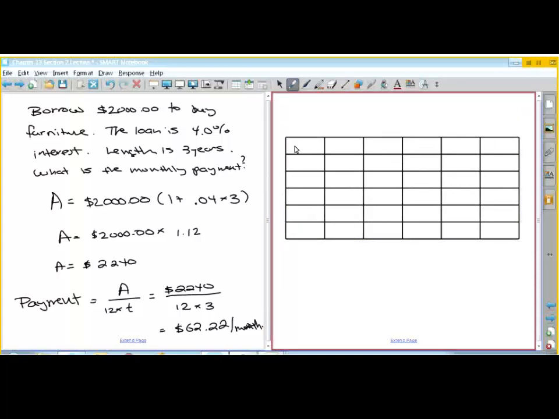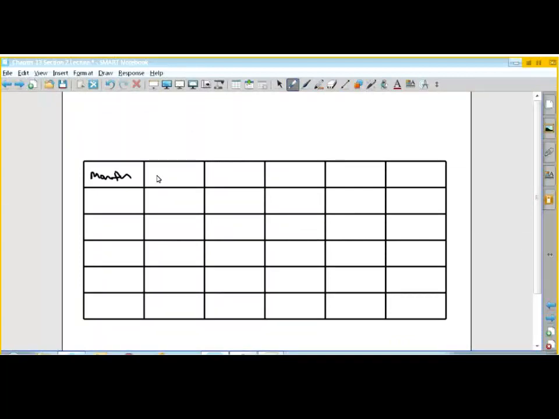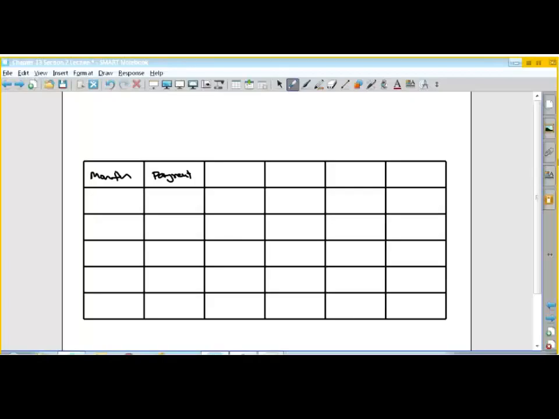So the first one is the month. So you've got the month, you've got the payment, you've got the principal, you've got the interest.